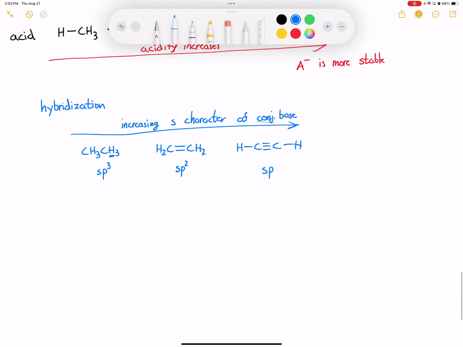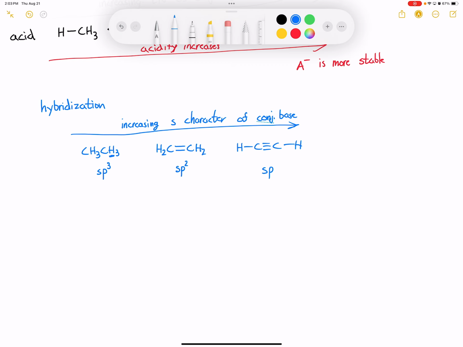So, if an orbital has more S character, why would you think that will affect acidity? Let's think about it. A conjugate base usually has a negative charge or excess electrons. So, if an orbital is more S-shaped, that means I'm in an orbital that's closer to where?